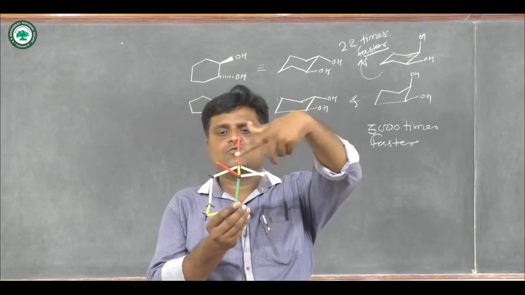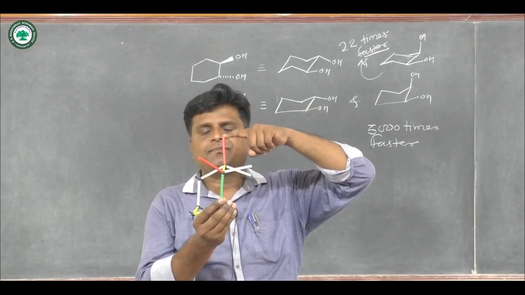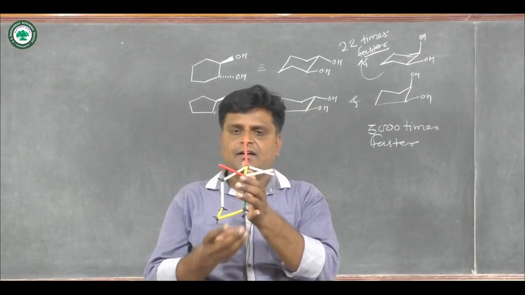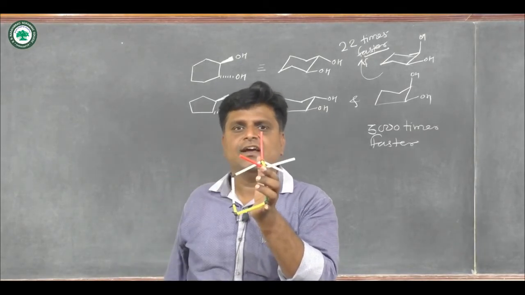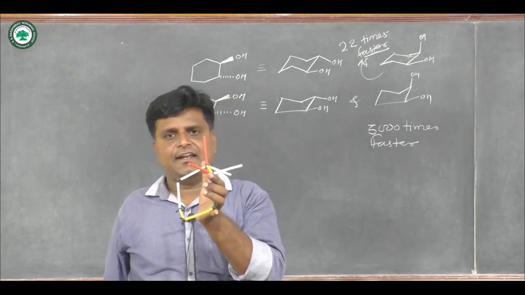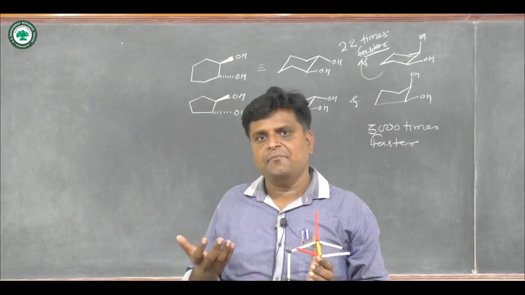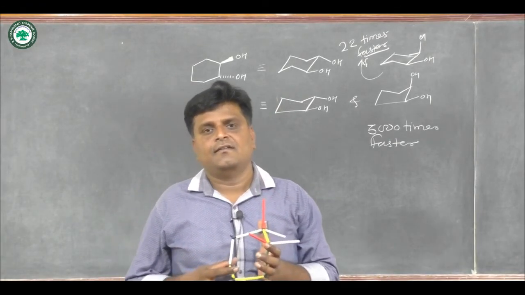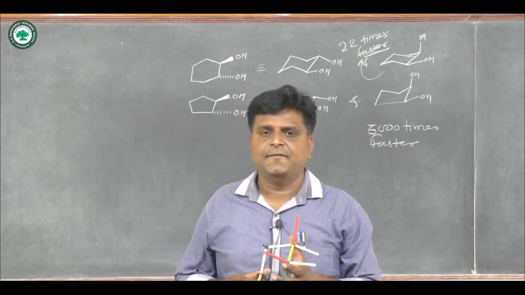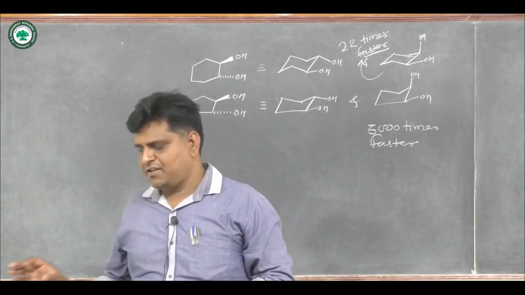In between these two groups, the backside hydroxyl group is sandwiched. Okay, and its dihedral angle between this hydroxyl and this hydroxyl group is exactly 60 degrees. So if the dihedral angle between them is high, at that time when that molecule reacts with lead tetraacetate, it gives a slow reaction.